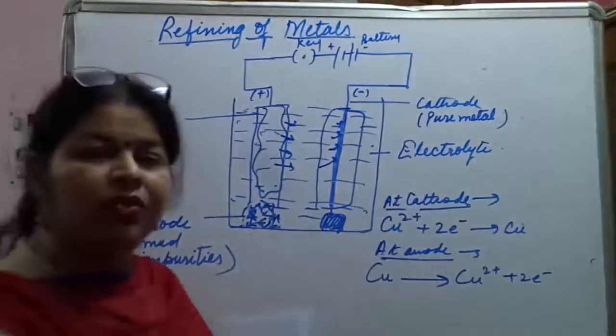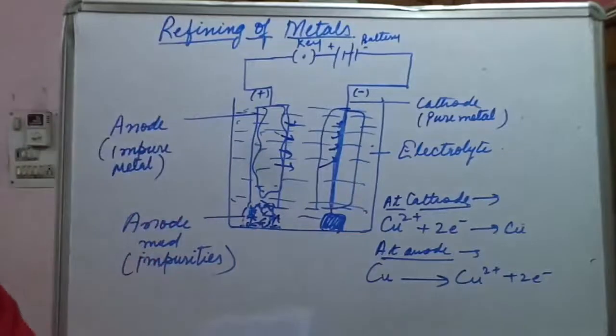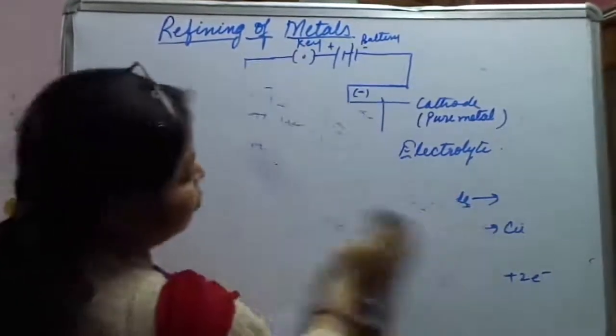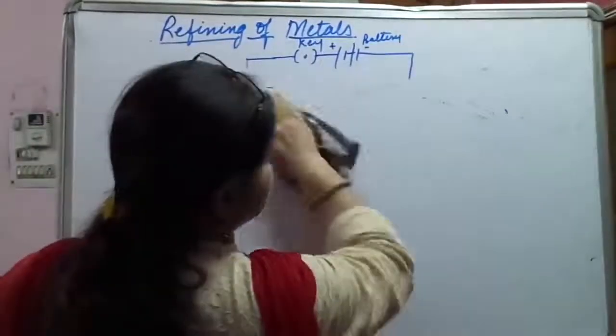Now the last thing that we are going to discuss is corrosion. And corrosion is not new to you because you are learning it from your very primary classes. So what do you mean by corrosion?